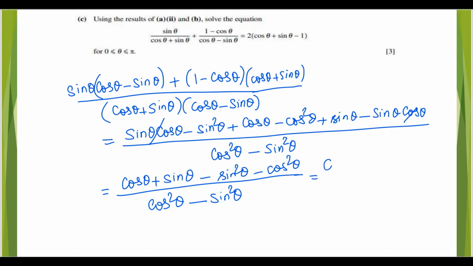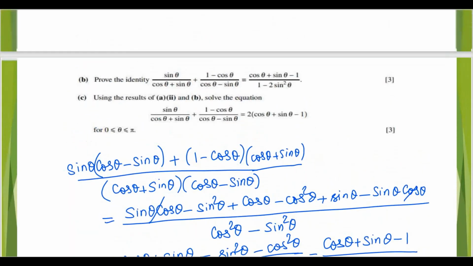This can be written as cos theta plus sine theta minus of sine square theta plus cos square theta, which is nothing but 1, divided by cos square theta minus sine square theta.